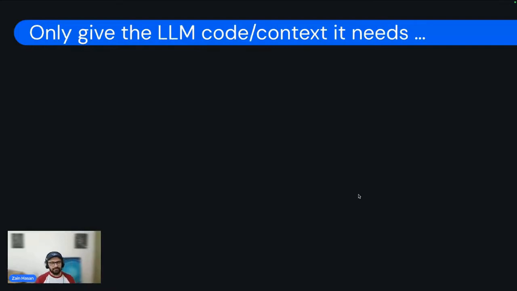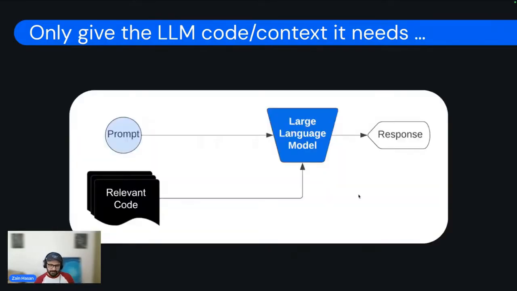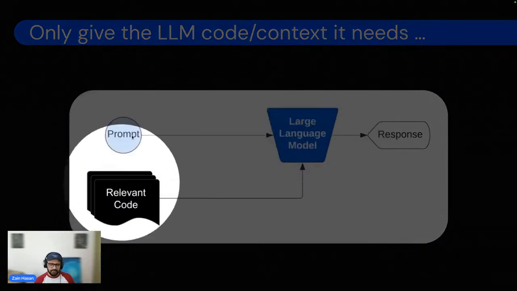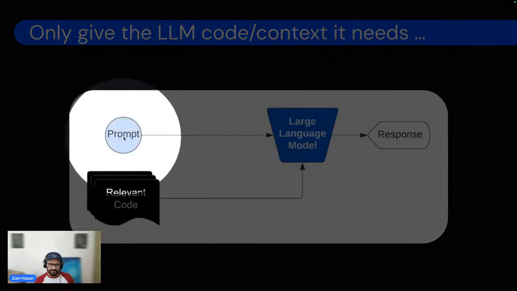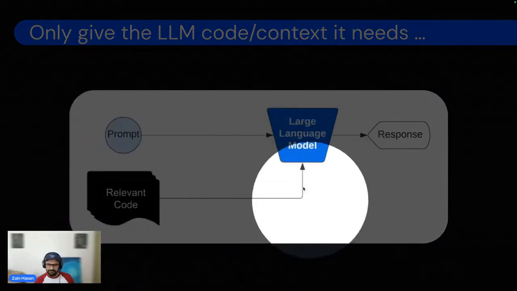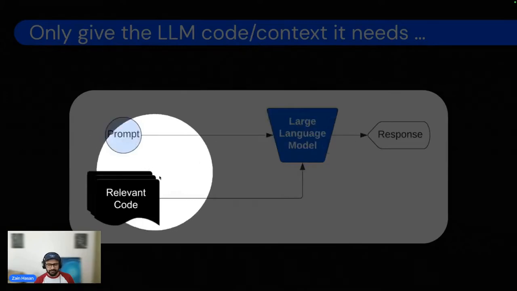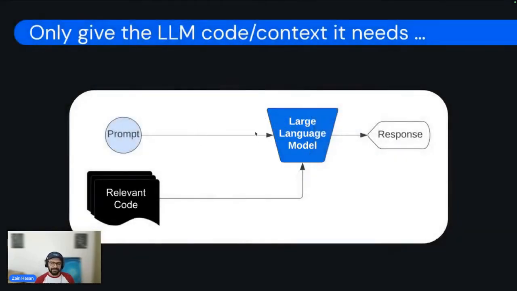So here, we really only want to give the language model code that it needs access to. We don't want to dump in the entire code base to it. And so here, we have some question for the language model. We know that some code is relevant for this question. So maybe we wanted to re-implement some function. So it definitely needs to see the function and the code around it. So we just give it access to that file or that snippet of a file so that it can give us a response.